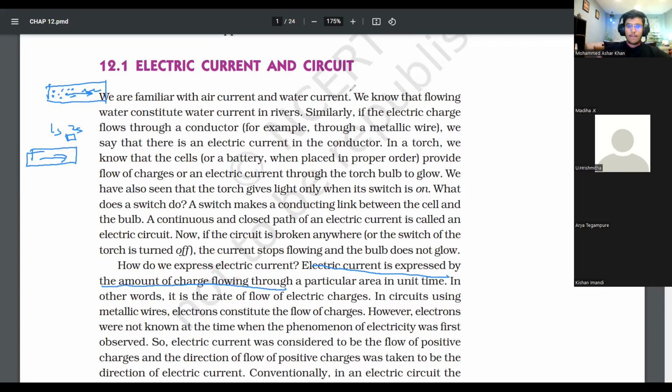In other words, it is the rate of flow of electric charges. Whenever you hear rate, you should always divide by time, because the rate of anything is that thing happening per unit time. So the rate of flow of charges is the flow of charges per unit time.